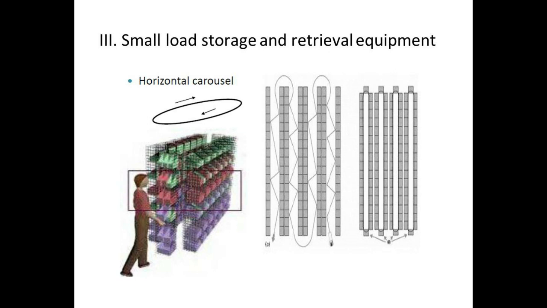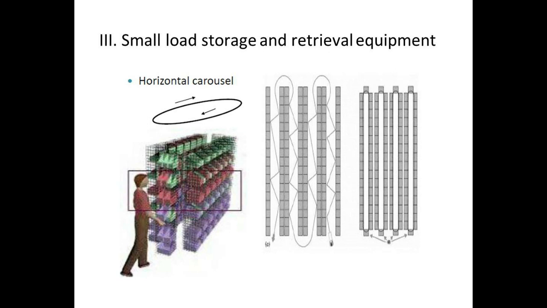Small load storage and retrieval equipment, these are the horizontal carousels. Horizontal carousels mean they move horizontally; you keep items on them and you can rotate them. We can see these particularly in garment shops. So in garment shops, you can use this concept for your material storage and retrieval.